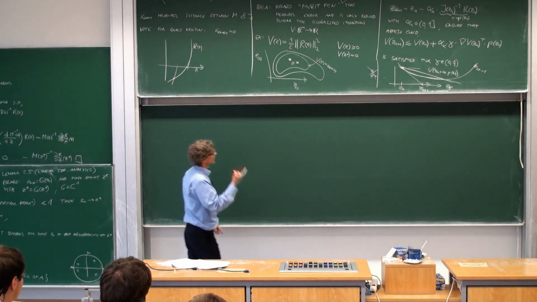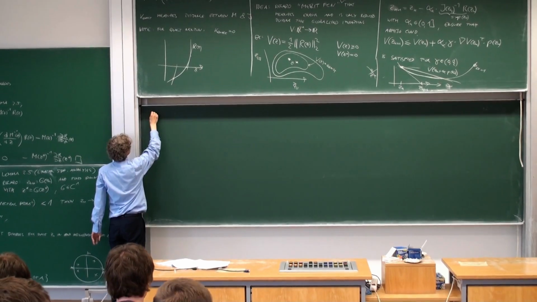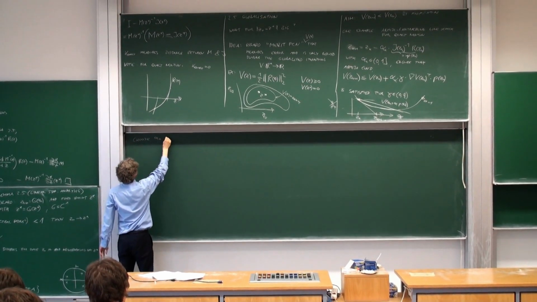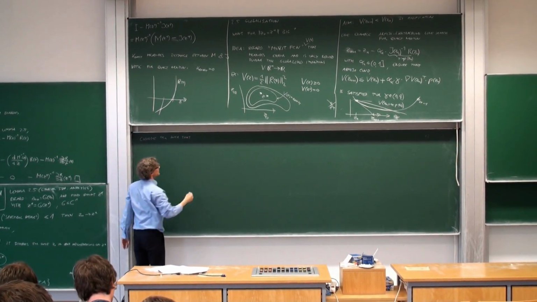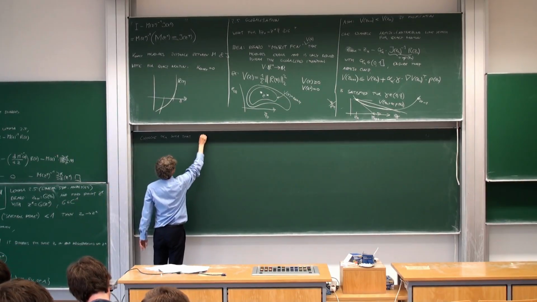So I didn't specify the algorithm, but I should say what you do. Choose alpha k such that it satisfies the Armijo condition. Maybe I call it 1.